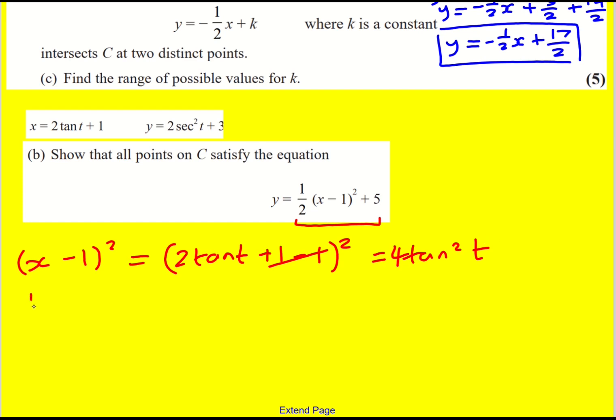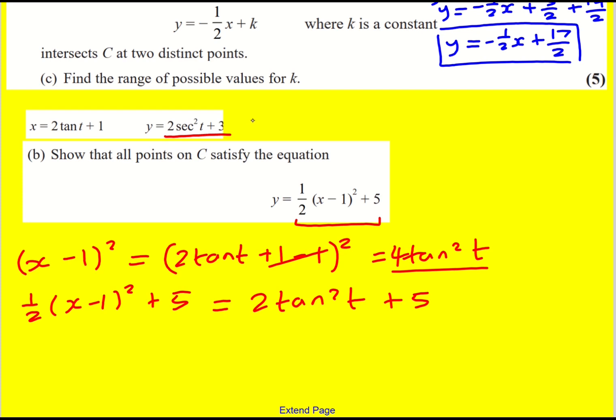So then if I have a half x minus 1 squared plus 5, I'm going to get 2 tan squared t, because I'm just halving this, plus 5. And it doesn't at the moment look like 2 sec squared t plus 3, but that's because I need to use a trig identity. Sine squared plus cos squared is 1.